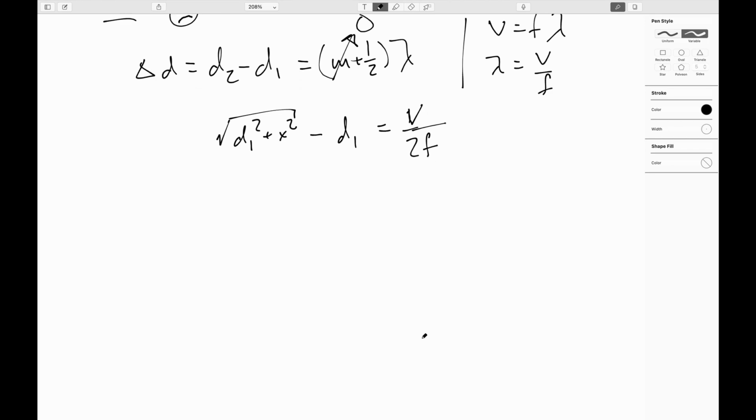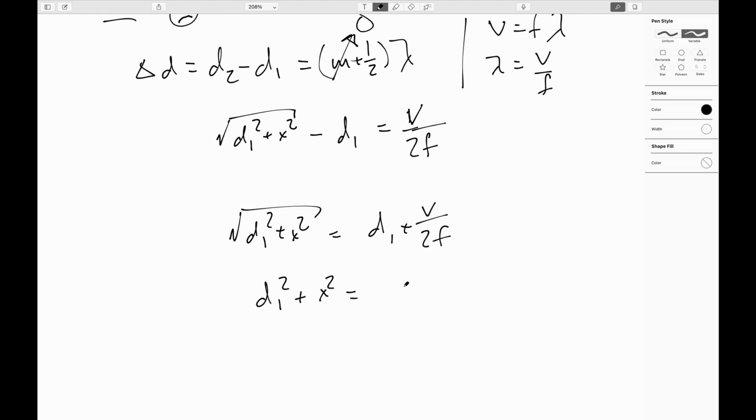So let's go ahead and do a little bit of algebra here and see if we can't suss out what our x is going to be. So the square root of d1 squared plus x squared will equal d1 plus v over 2f. We can square both sides. We'll get d1 squared plus x squared equals d1 plus v over 2f, quantity squared.